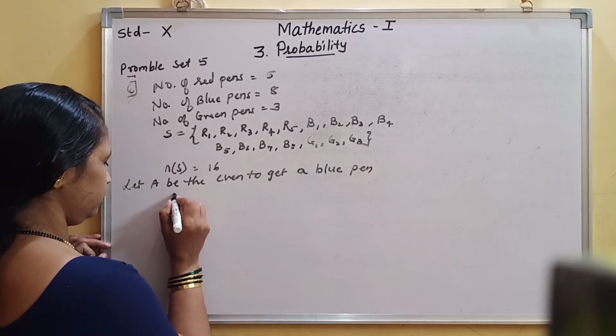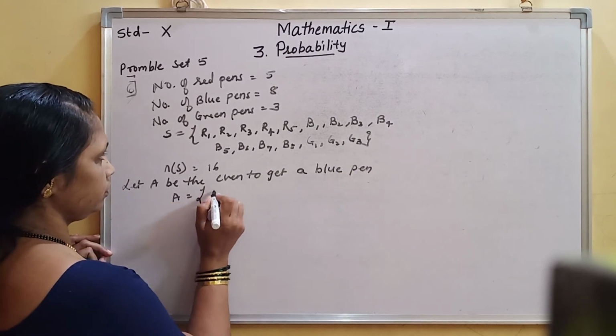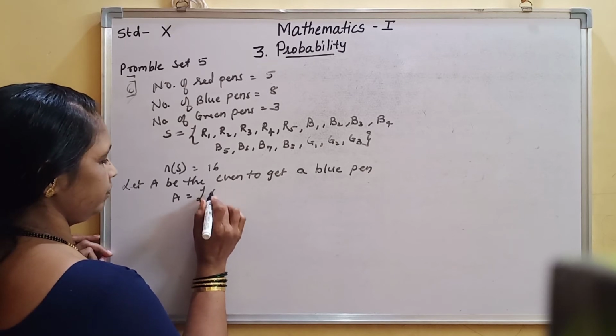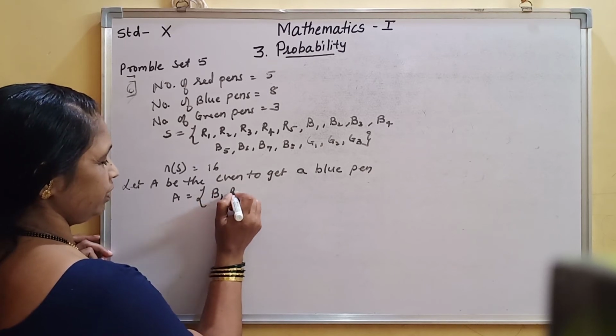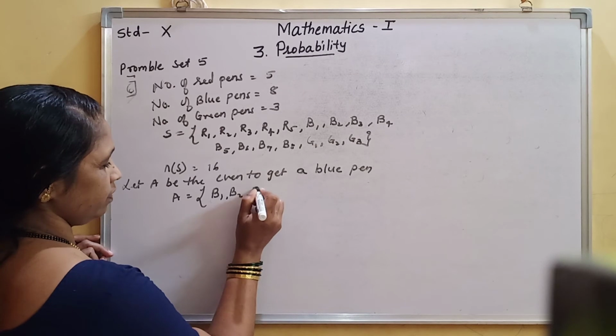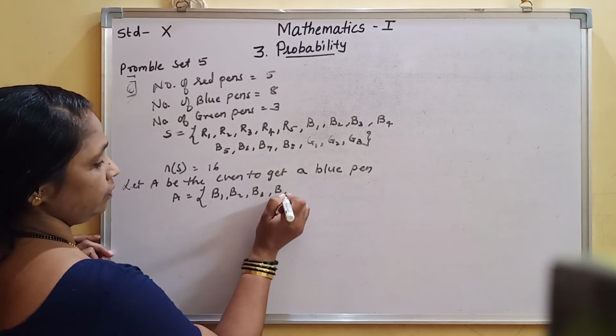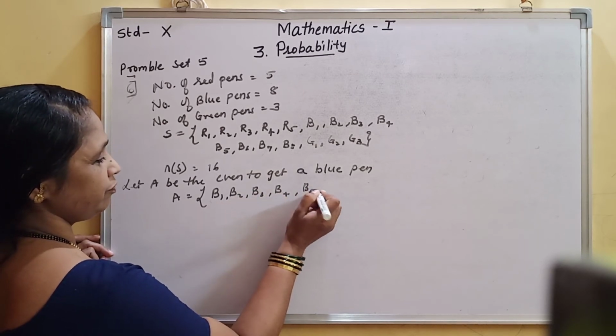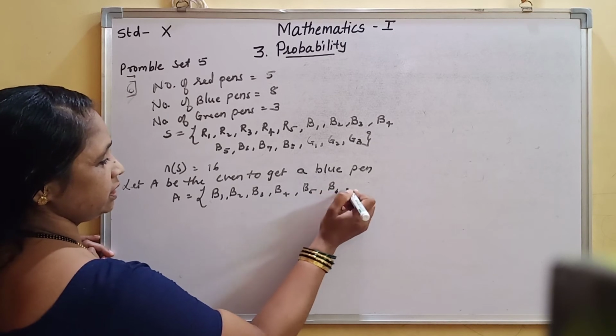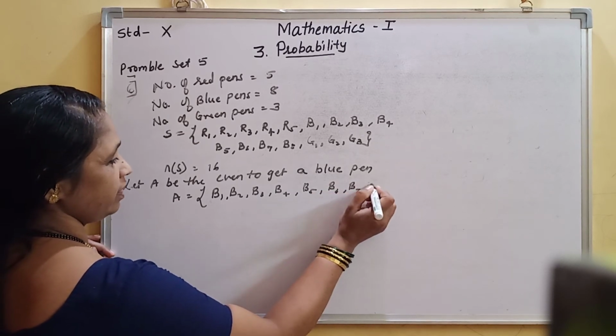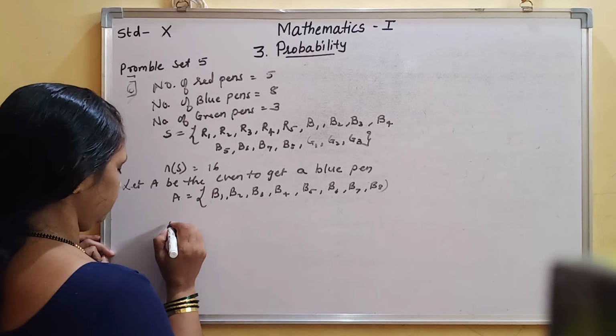So A will be equal to B1, B2, B3, B4, B5, B6, B7 and B8.